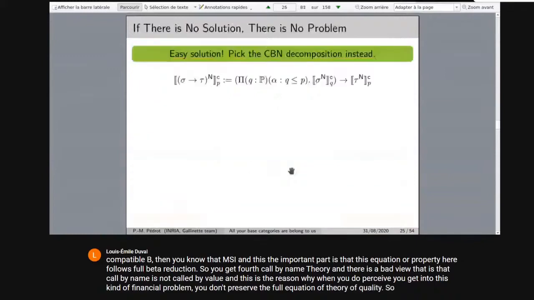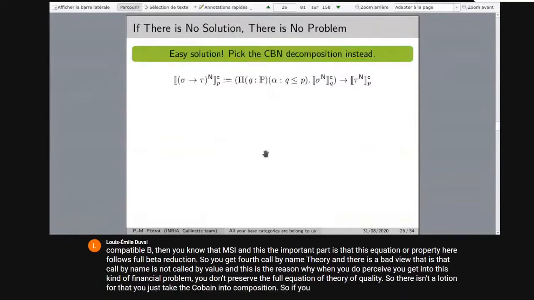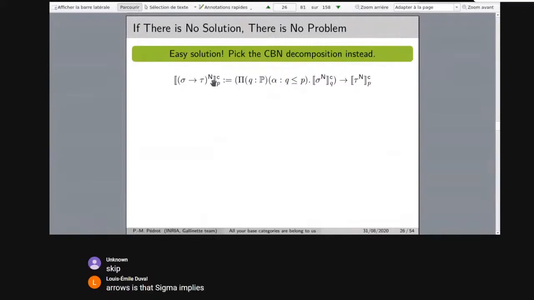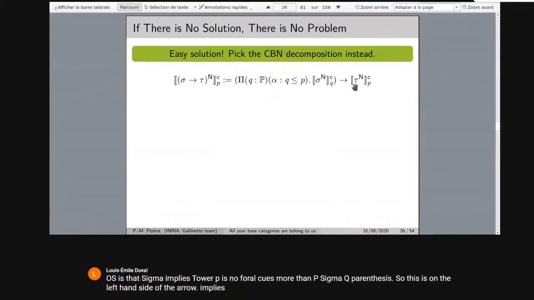So there is an easy solution for that. You just take the call by name decomposition. So if you do this, what you get on arrows is that sigma implies tau at p is now for all q smaller than p, sigma at q, parenthesis, so this is on the left-hand side of the arrow, implies tau at p.